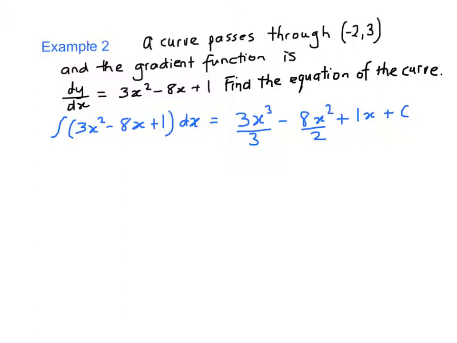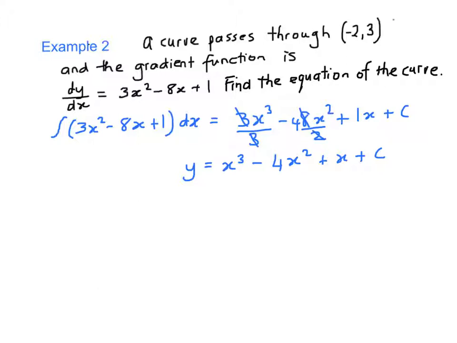So my y equals x to the power of 3, I'm going to simplify that, I had dy over dx, so now I've got y left. Minus 4x squared, when I simplify that, plus x plus c.